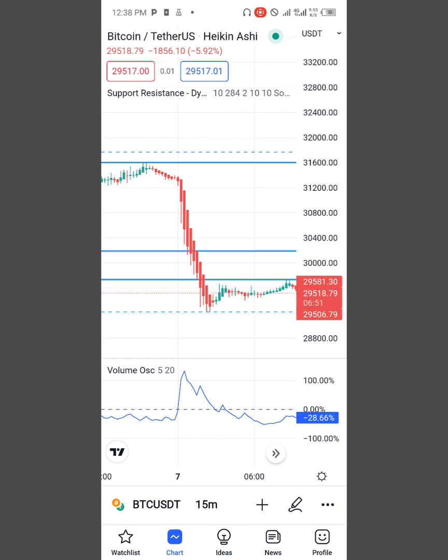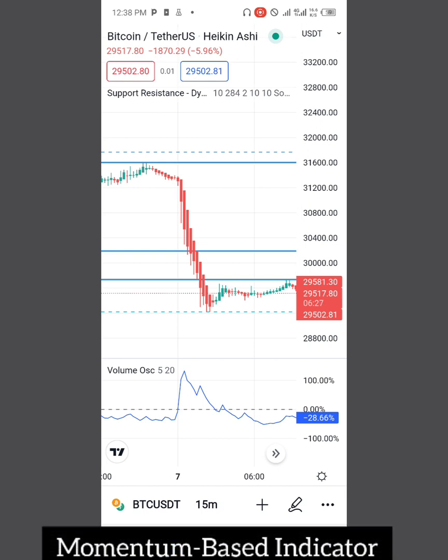Before we delve into the strategy, here is a quick hack. When the price of an asset is coming down, the volume oscillator will show you if it is coming down with high momentum. So the volume oscillator is a momentum-based indicator.